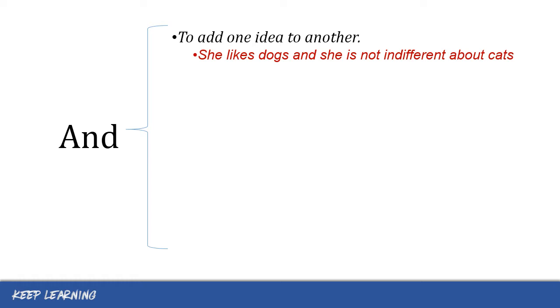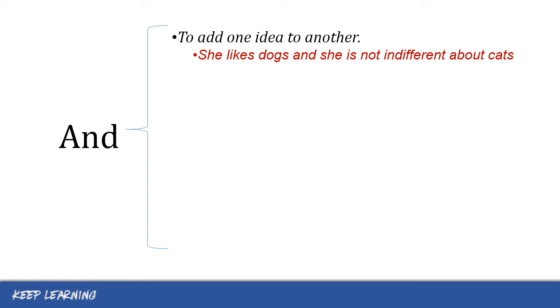Right here you have an example. She likes dogs and she's not indifferent about cats. What I'm doing is adding one idea to the first idea, that she likes dogs, and I want to add more about her taste in cats. So it's very simple, you know that.